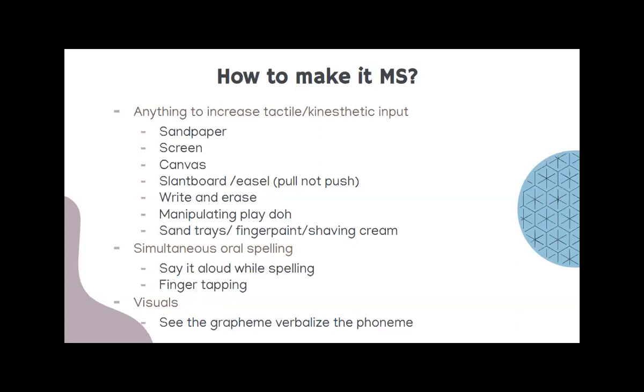So for a student who is left-handed, they're going to use their right hand, and a student who is right-handed, they're going to use their left hand, pen in one hand, tapping on the other hand so that they're able to hear each individual sound and then decide what symbol or letter goes along with that sound. And then you're going to make sure that they have visuals in front of them. So you want to have them see the grapheme and verbalize the phoneme.